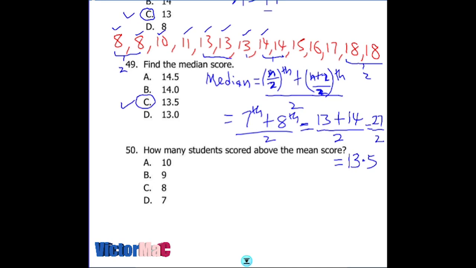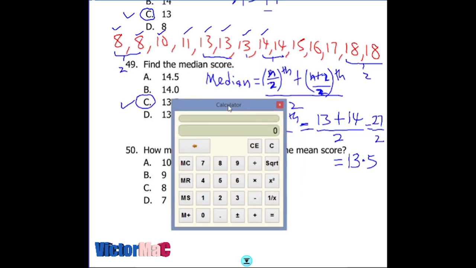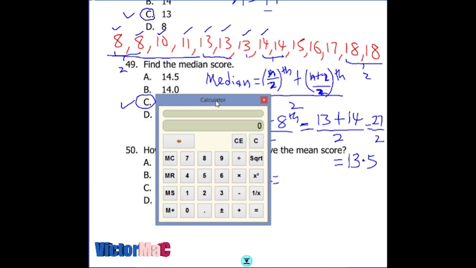The last question asks how many students scored above the mean score. Then we need to find the mean of the scores, which is denoted by x bar. That means the summation of all the x scores over n. And when we sum up all the x scores, instead of writing it out, I can just use my calculator and add all these numbers together.